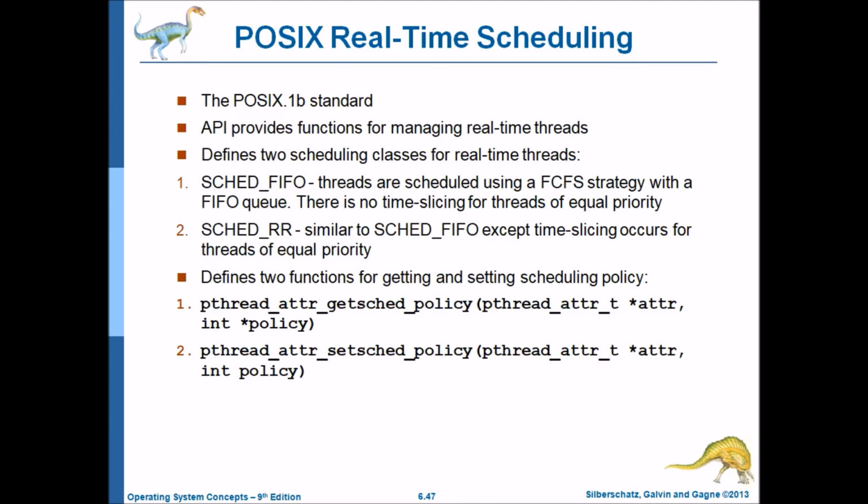The second parameter is either a pointer to an integer that is set to the current scheduling policy, that is for the getter, or an integer value, SCHED_FIFO, SCHED_RR, or SCHED_OTHER, for the set function. Both functions return non-zero values if an error occurs.